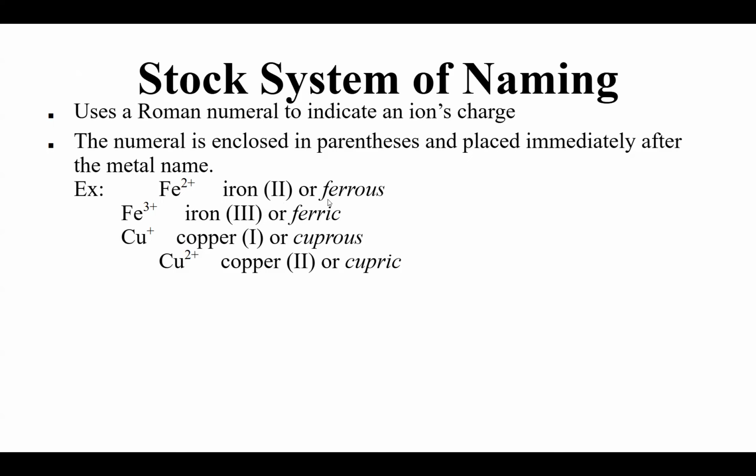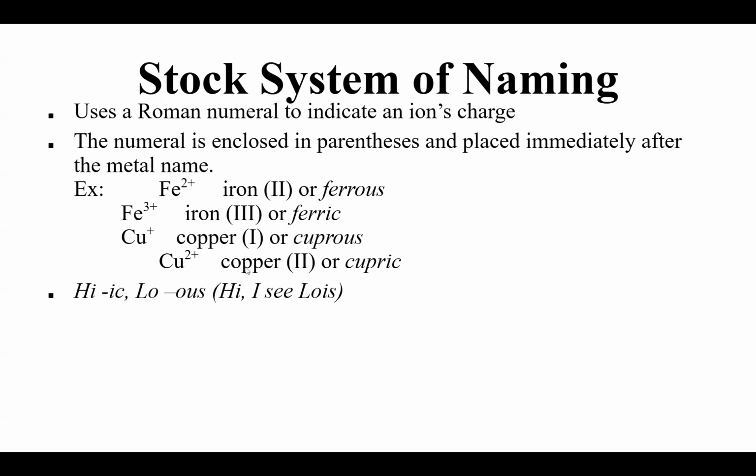But in my mother's age, they used the Latin: ferrous, ferric, cuprous, and cupric. And so I learned chemistry from my mother, who taught me the ferrous and ferric and cuprous and cupric. And I had to remember that iron made a 2+ or 3+, copper made a 1+ or 2+.